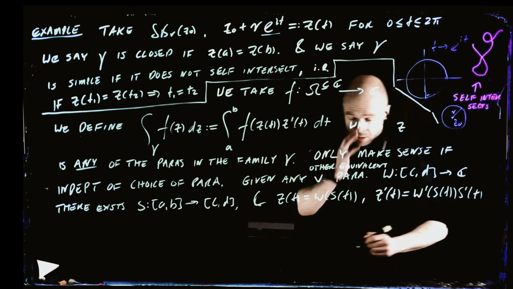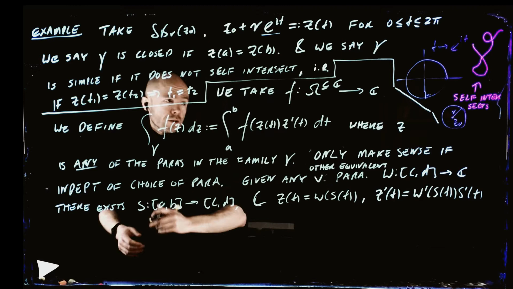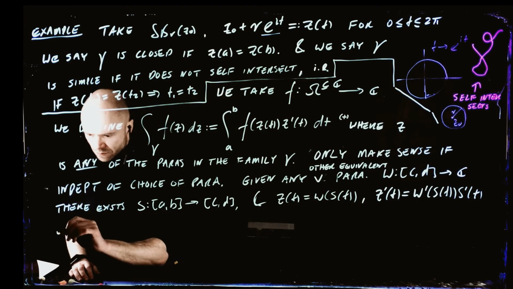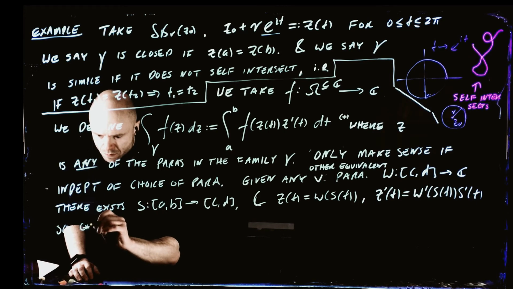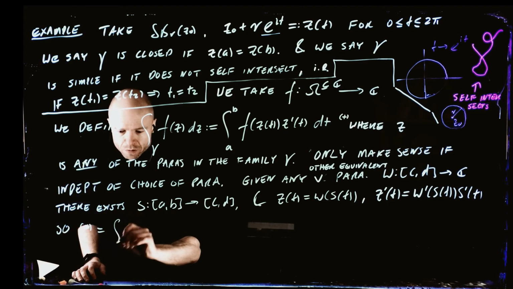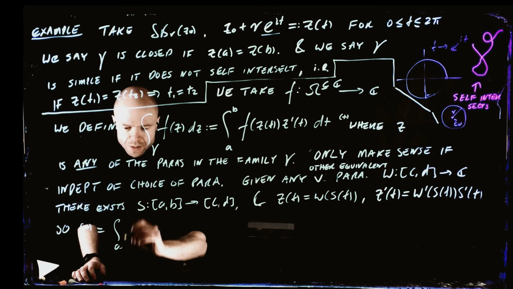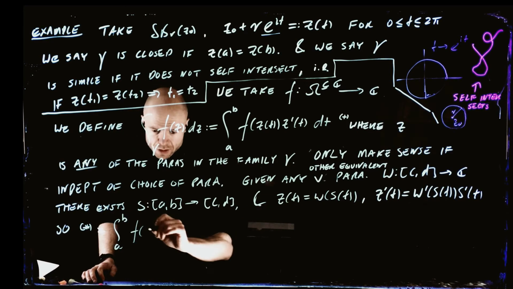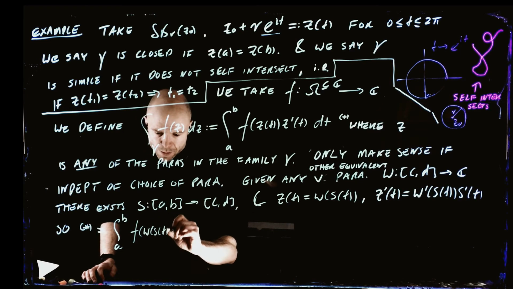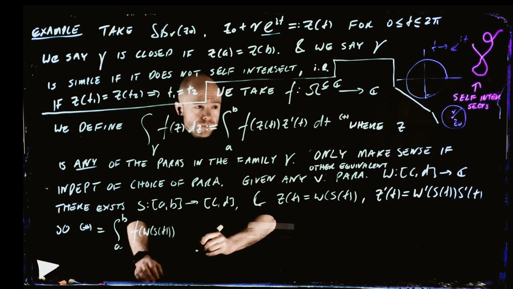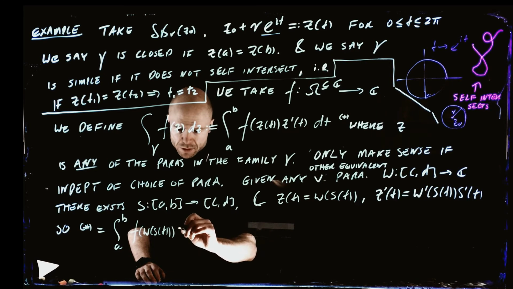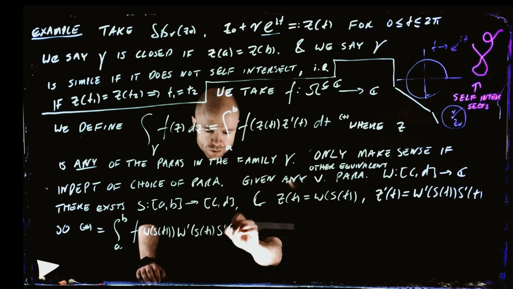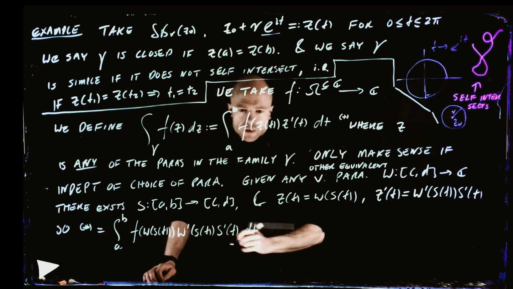Yeah? So we can rewrite this guy here, star, as the integral from a to b of f of w of s of t, like this. z prime we have like this, w prime of s of t, s prime of t, dt.